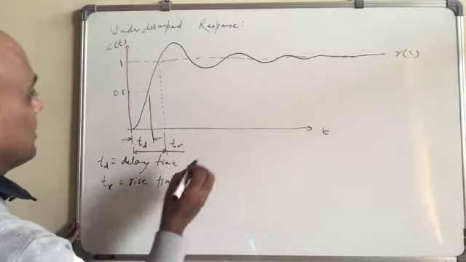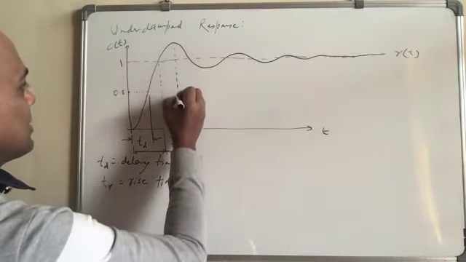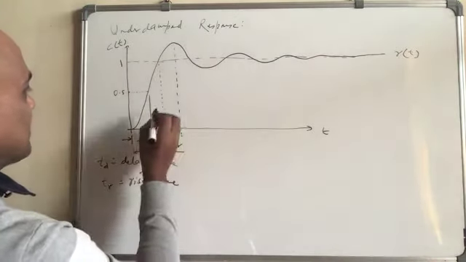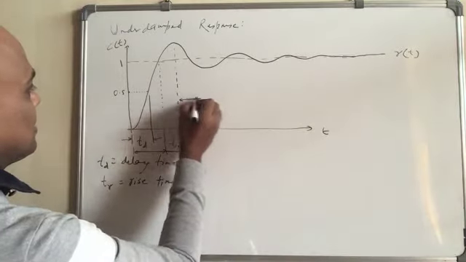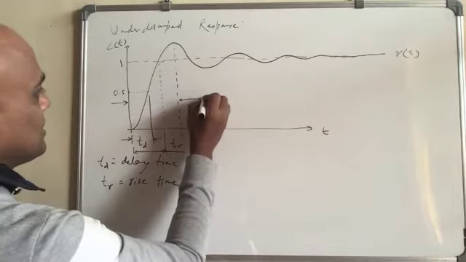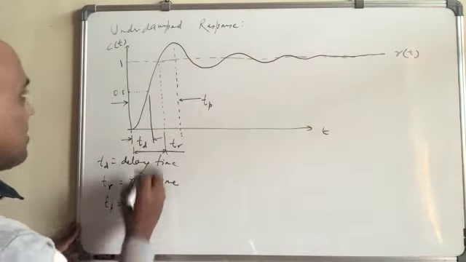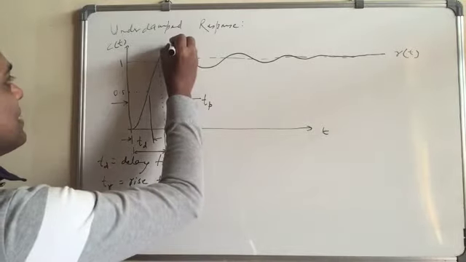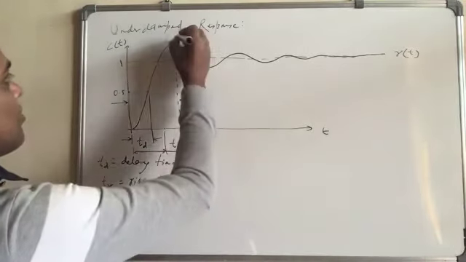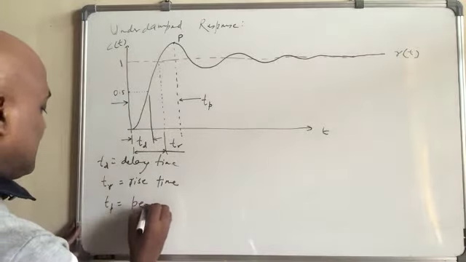Okay, then this is what is known as the peak time. From here to here, this is t_p, peak time, because at this point it peaks, right? So you can write p like this. Okay, so this is peak time.